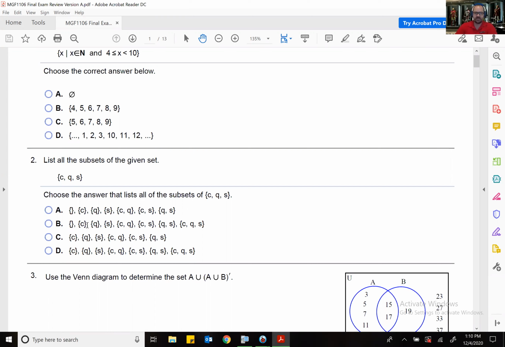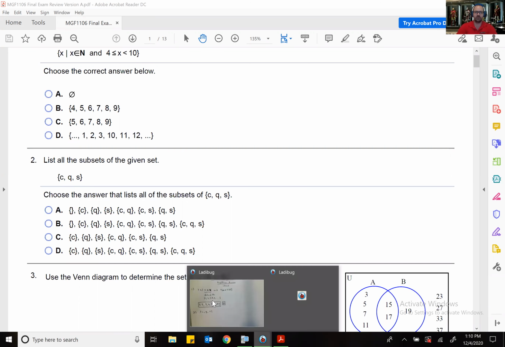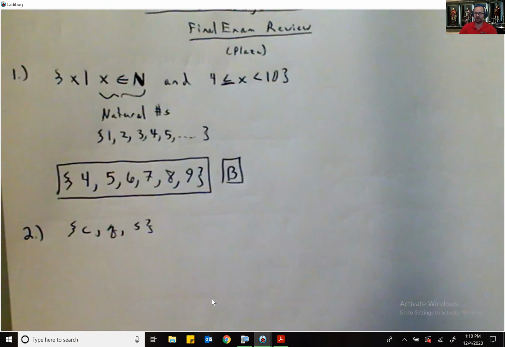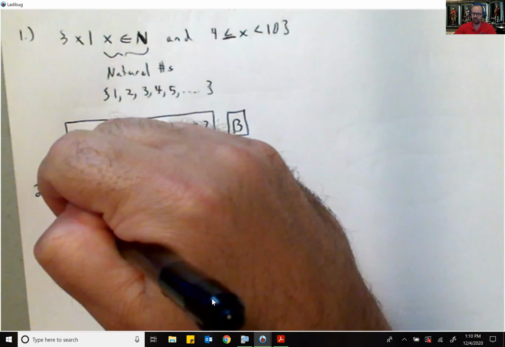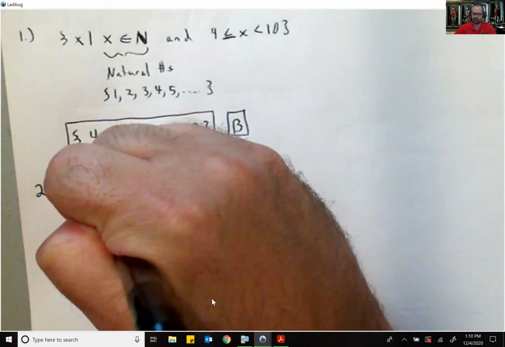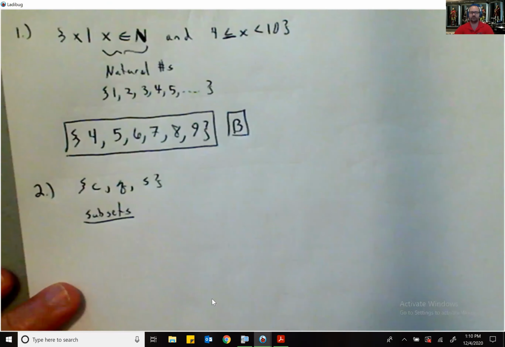So the next one says, list all of the subsets. So remember that subsets are pieces of the original. So here's our set, C, Q, S. So what are these subsets going to be?